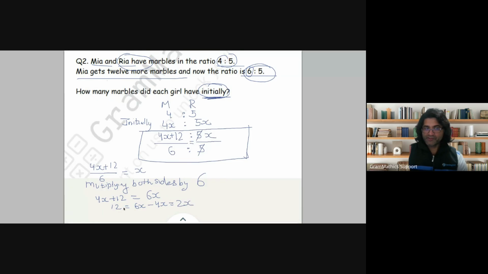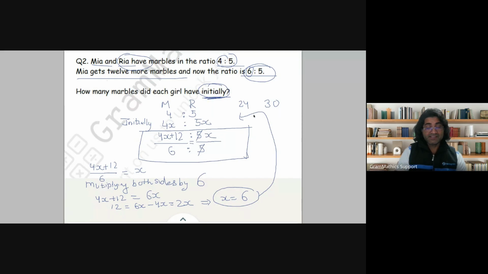So if 2x is equal to 12, it means x is equal to 6. If x is equal to 6, I go back to what is initially. So 4x becomes 24 and 5x becomes 30. It means Mia had 24 marbles and Ria had 30 marbles initially.